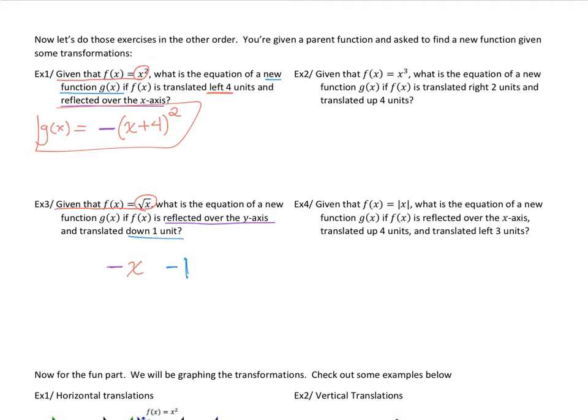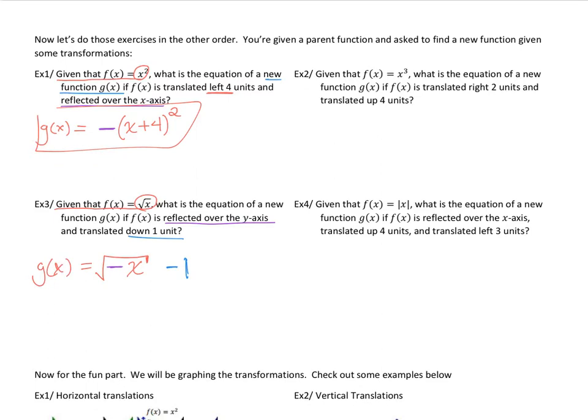So now we just have to go back and remember which parent function we are dealing with, and that is the square root parent function. So I need to make sure that the negative is in front of the x inside of the square root, and that the -1, since it's a vertical movement, is hanging outside of the square root. So g of x equals that.